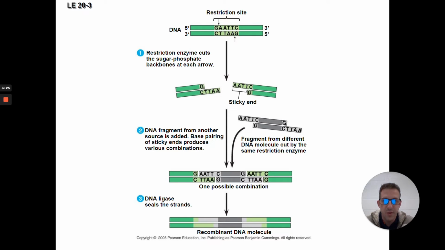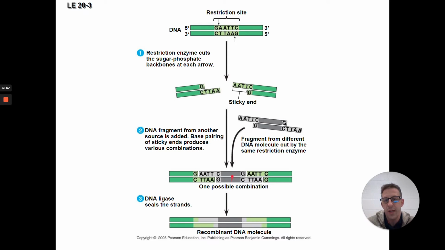And one of the things that we can do is we can take a little chunk of DNA and we can actually throw it into these two cut areas and then reseal it. Because you'll notice that if we have a little chunk of DNA that has complementary bases to what's already there, it'll actually line up and match and kind of stick. And that's why they call it the sticky end.